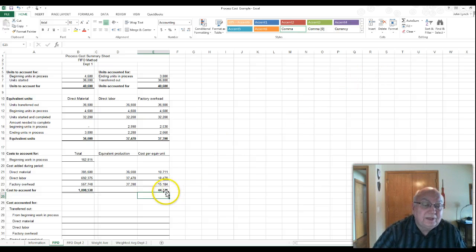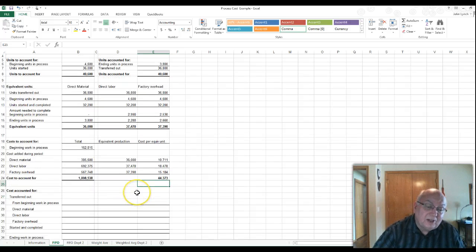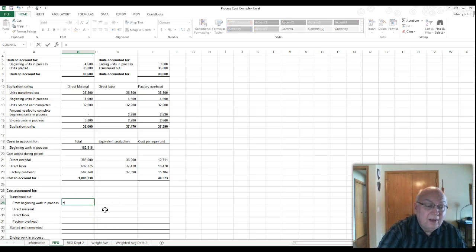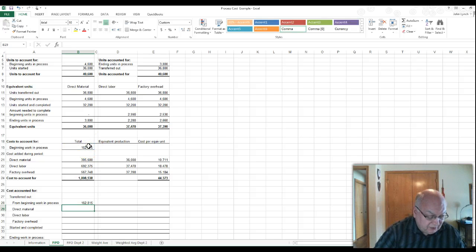You notice on this one, we do not include the beginning units in process, because all we want is the cost for this month. Okay, so for this part down here, this is simply equal to the same number that we had up there, 162,815. Now normally I don't put anything in here, but I'm going to, because this is equal to the amount you needed to complete times your cost per unit, which of course would be 0.